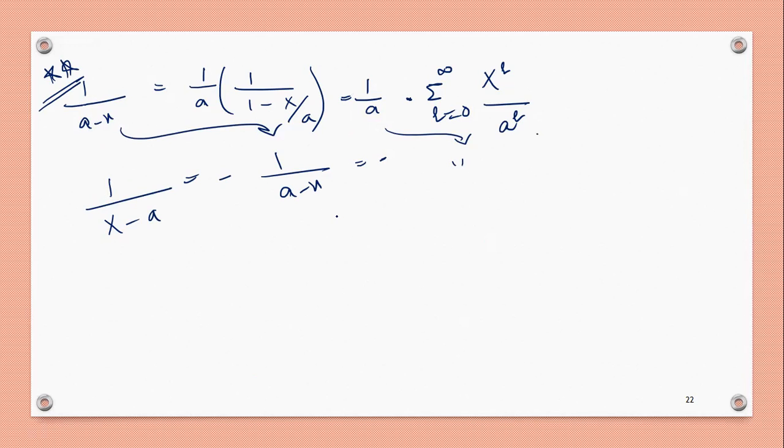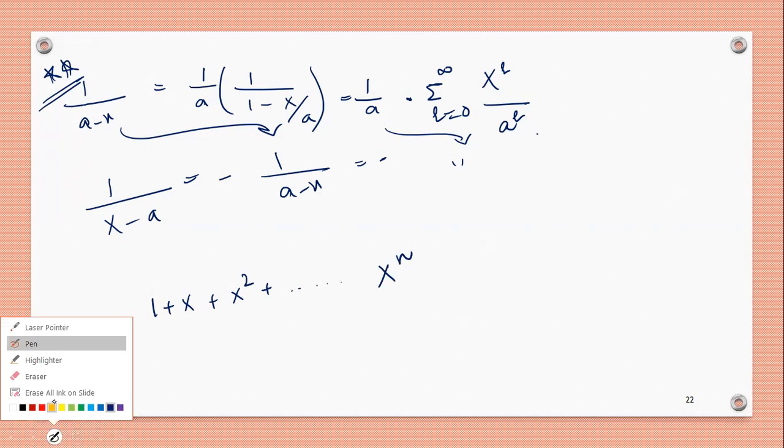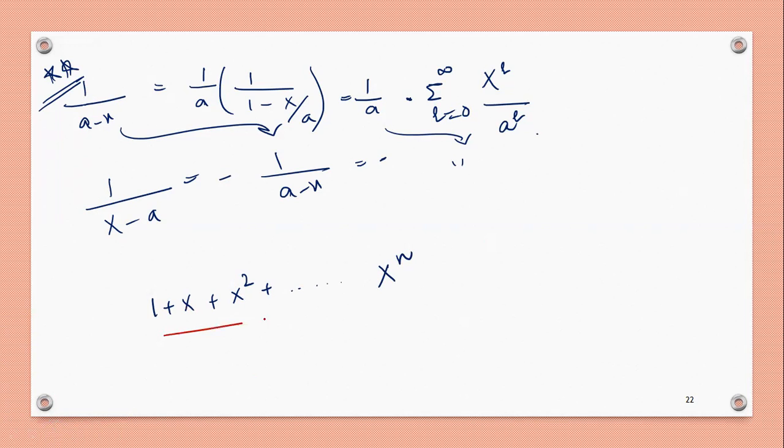Okay. Also, another important formula is 1 plus x plus x square and so on up to x power n. This is very, very important. If I have the infinite series, it will be simply 1 by 1 minus x.